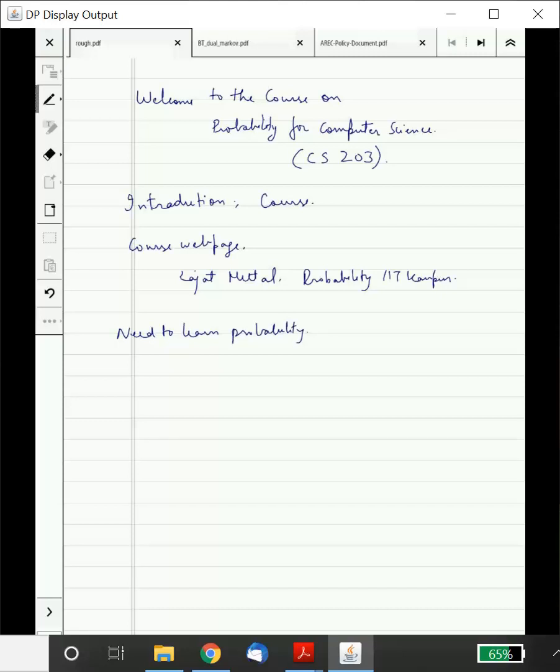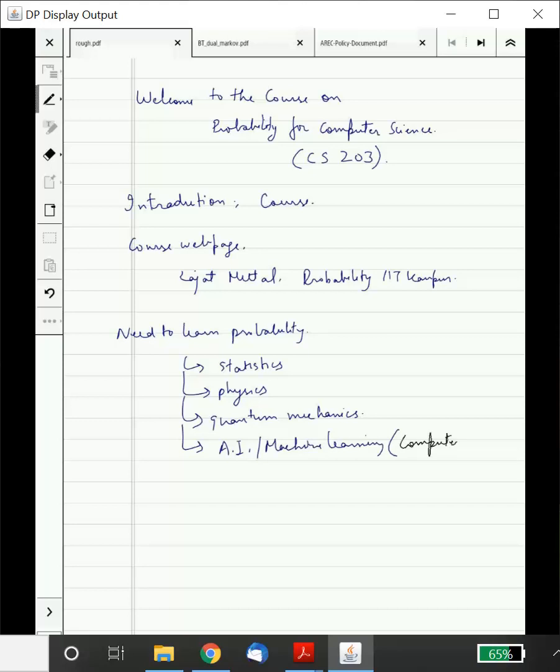You have statistics, you have physics, you have quantum mechanics, very, very important fields of science where probability forms the backbone of these fundamental theories. And now, with the advent of AI and machine learning, you see that probability is everywhere. Actually, in almost all areas of computer science, you need some background in probability.